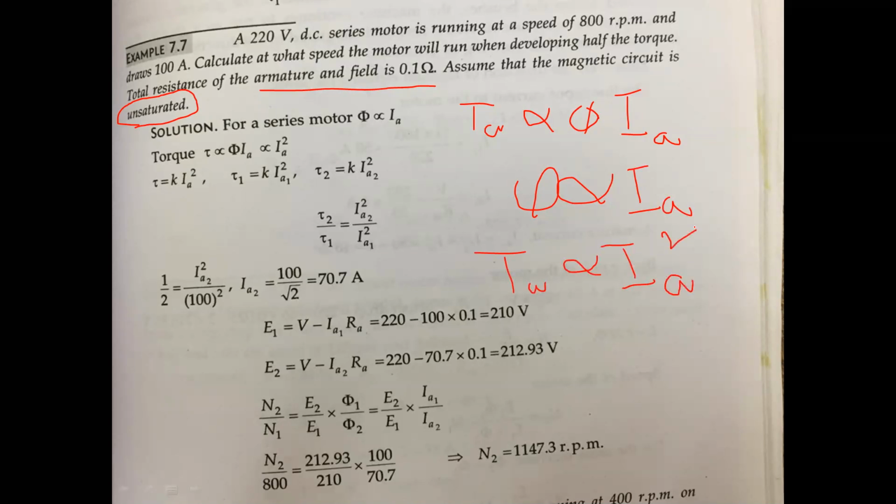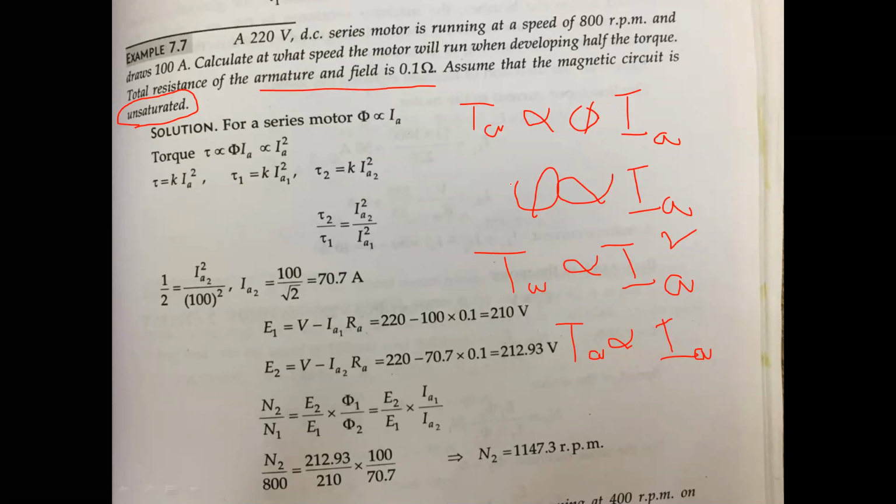If the magnetic circuit is saturated, torque is proportional to Ia only. Saturated, torque is proportional to Ia; unsaturated, torque is proportional to Ia square. So saturation means flux is constant.